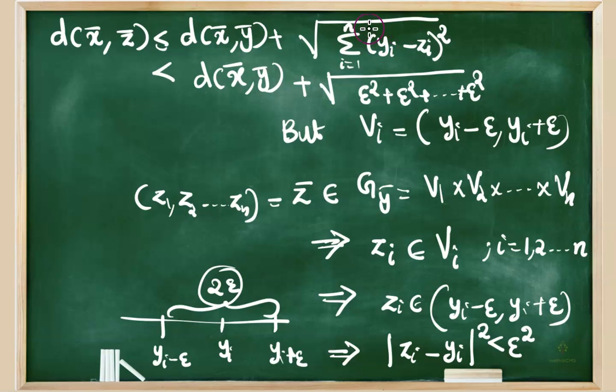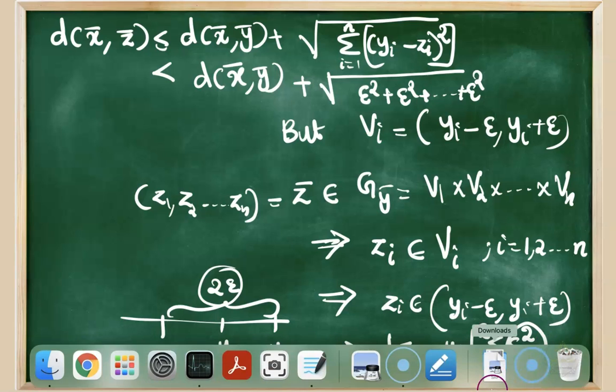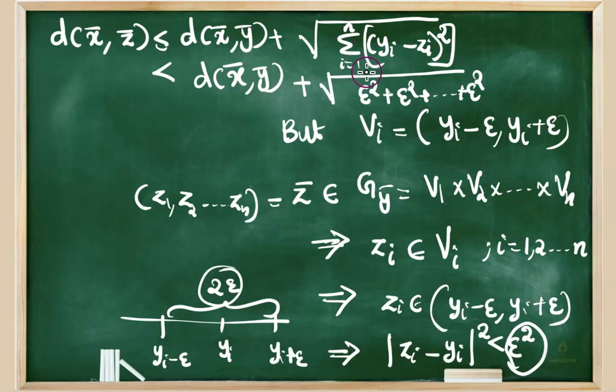Since we can replace each of these quantities (yi minus zi) whole square, for each i varying from 1 to n, by epsilon square, we can write epsilon square instead of each of these quantities. So we will get the square root of epsilon square plus etc. plus epsilon square.